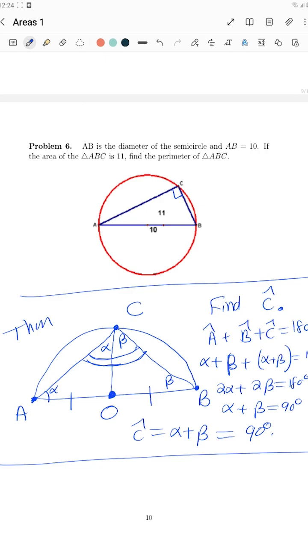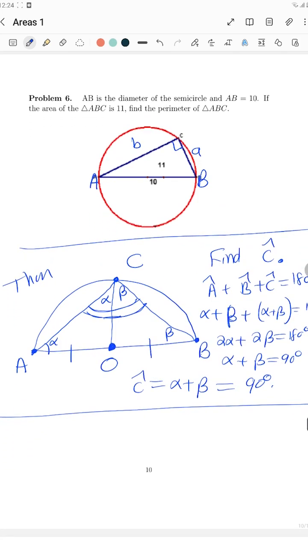So just like this proof, where I used algebra to show why angle C is always 90 degrees, we are going to use variables again. So I'm going to use the convention: if this vertex is capital A, then the distance from B to C is little a. If this vertex is capital B, then the distance from A to C is little b.